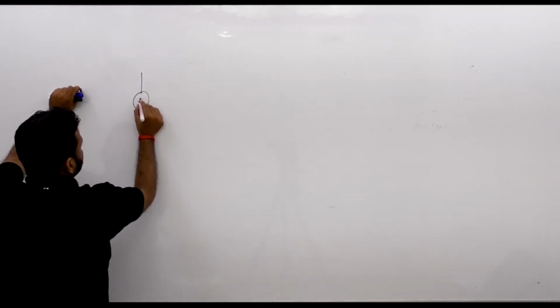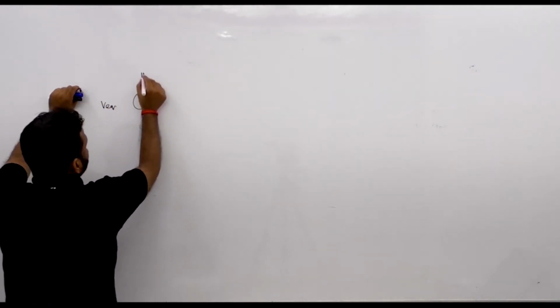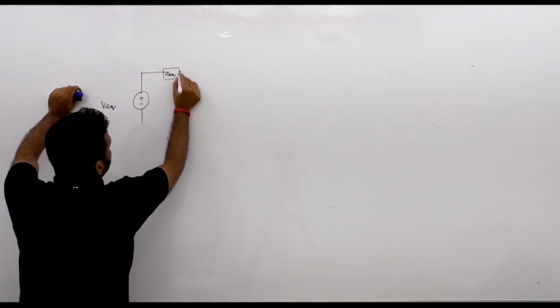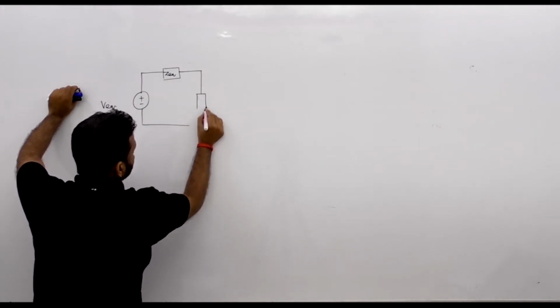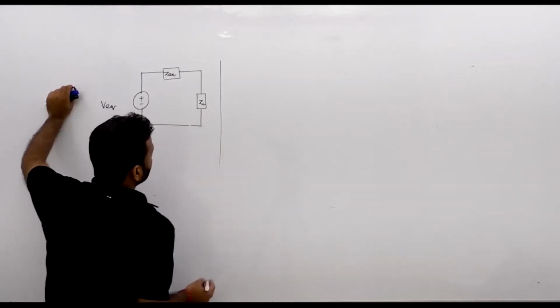सो वी हैव जस्ट दिस इज द रिप्रेजेंटेशन ऑफ द मिलमेंस थ्योरम। सो V equivalent, Z equivalent, and this is your load. Okay, this is your load. Now this is the Millman's theorem, but what is the dual of Millman's theorem?